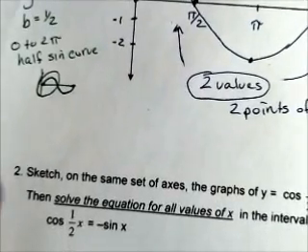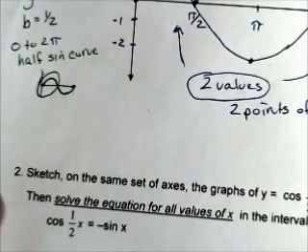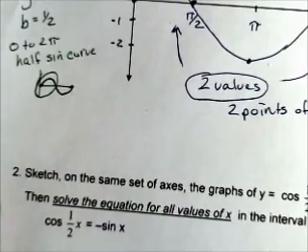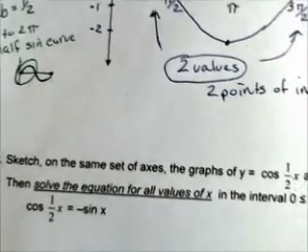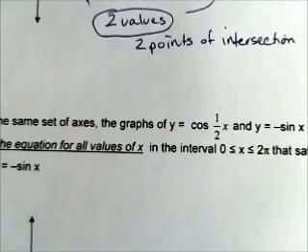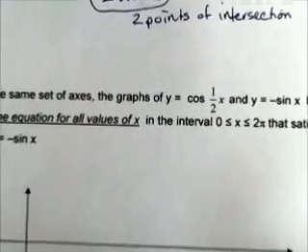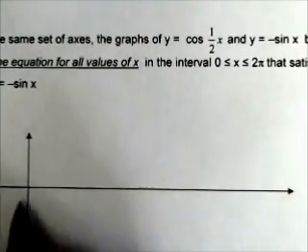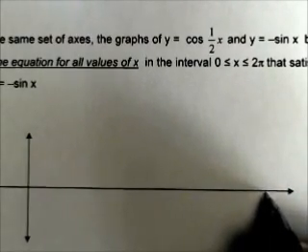Next, number 2, sketch on the same set of axes the graphs of y equals cosine 1/2 x and y equals negative sine x between 0 and 2 pi. So our x scale is the same, going from 0 to 2 pi.